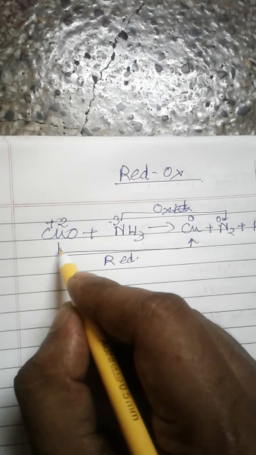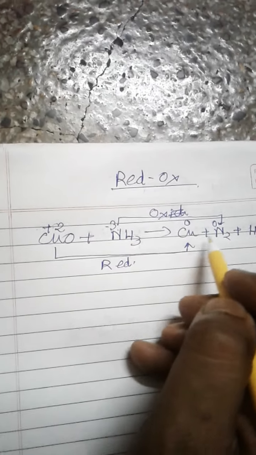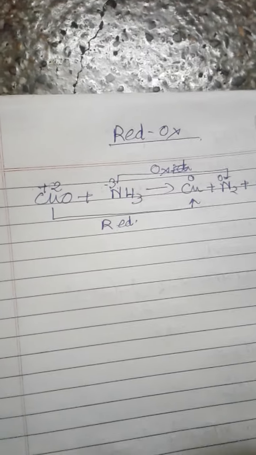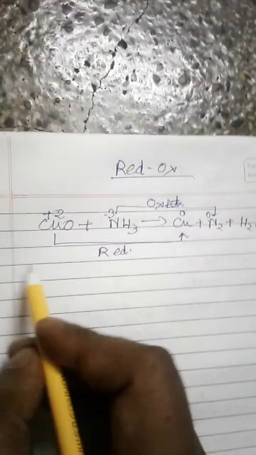So when reduction occurs, the oxidation number decreases, and when oxidation occurs, the oxidation number increases. So this is the process by which I can get which one is oxidized and which one is reduced.